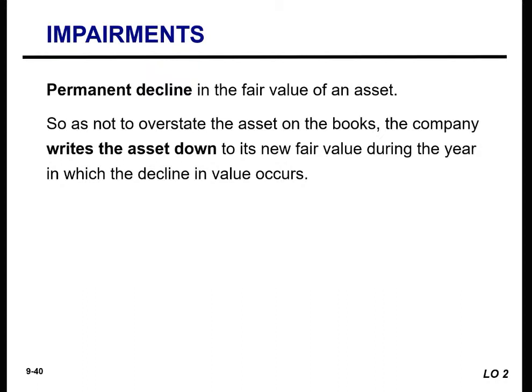In the past, some companies delayed reporting losses on impairments until a year when the impact on the company's reports was minimized. This is called earnings management. As a result of earnings management, immediate recognition of these write-downs is now required.